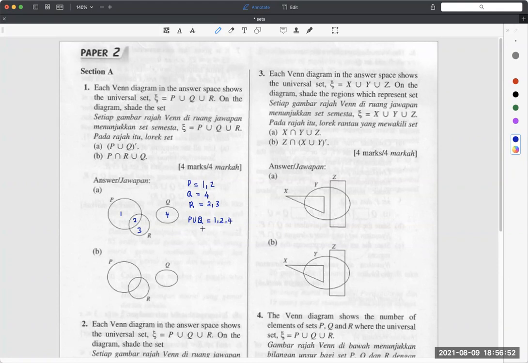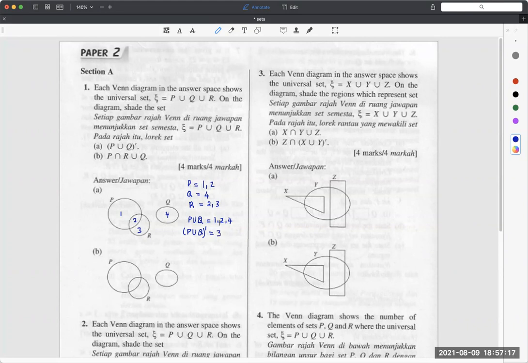But this is not what we want. We want the complement of P union Q. So the complement of P union Q will be the labels other than 1, 2, and 4. In this case, other than 1, 2, and 4 will be 3.